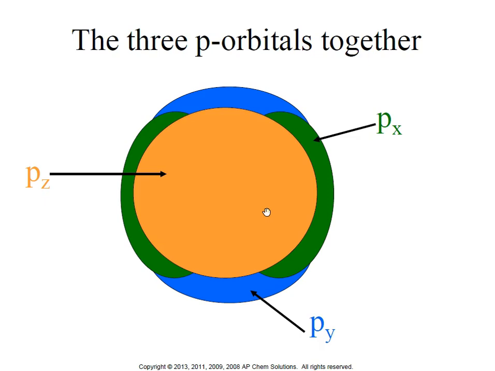Remember, we're talking about three-dimensional structures, but we're trying to draw it on two-dimensional paper. So we have our x-axis and our y-axis, and then you have this one that would be jutting out of the paper, and that would be your z-axis. So those are your three p orbitals, and this just shows them stacked on top of each other.